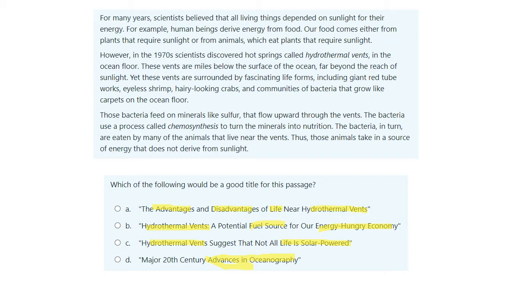For many years, scientists believed that all living things depended on sunlight for their energy. For example, human beings derive energy from food. Our food comes either from plants that require sunlight or from animals which eat plants that require sunlight. So, this is about taking energy from the sun.